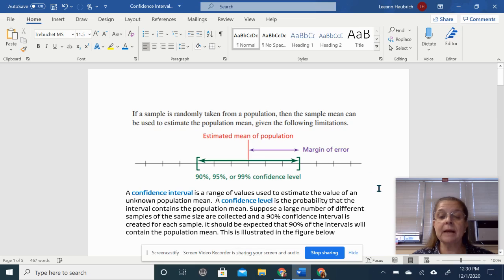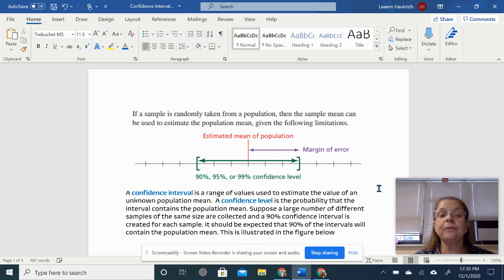And what is that confidence interval? All a confidence interval is, is a range of values used to estimate the value of an unknown population. It's unrealistic to actually survey every single adult in the United States about their thoughts or feelings or opinions on an item.